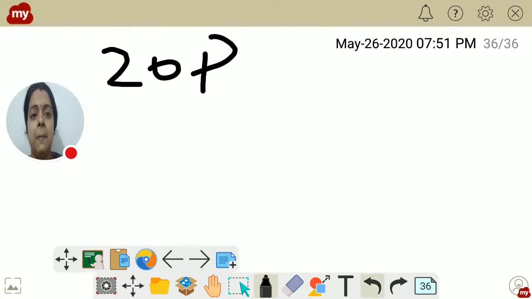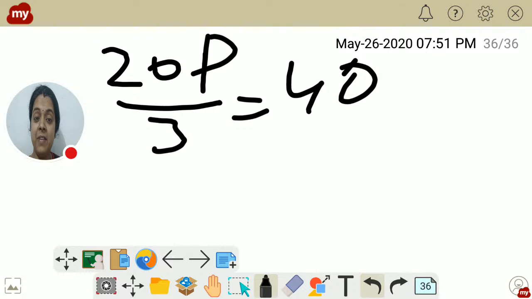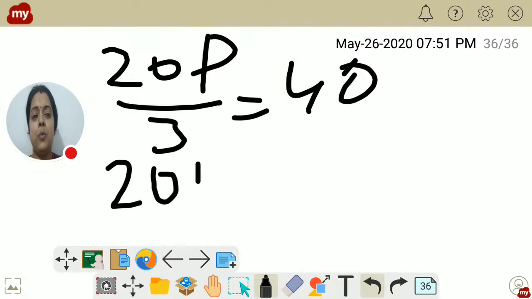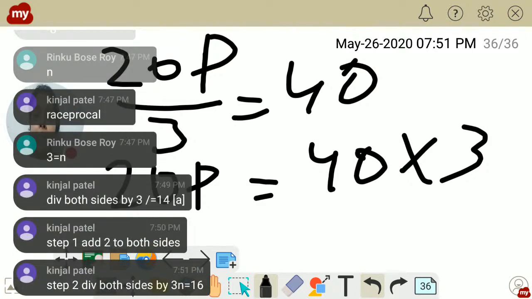You just check what the variable is here. The variable is p. Whatever is left here, I'll go through it. First, I'll take 20p because it is a very close friend to it. So 40 into 3. Why 3? Multiply by 3 because 3 is in the denominator, so I'll take it and multiply.